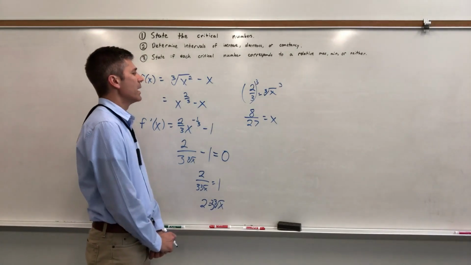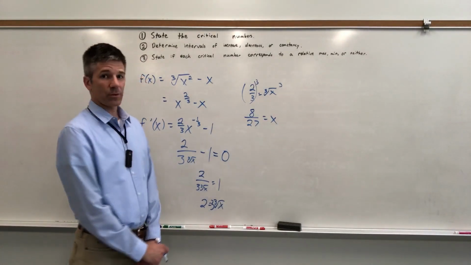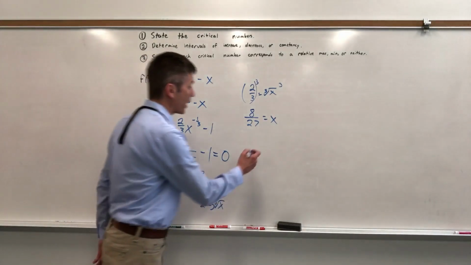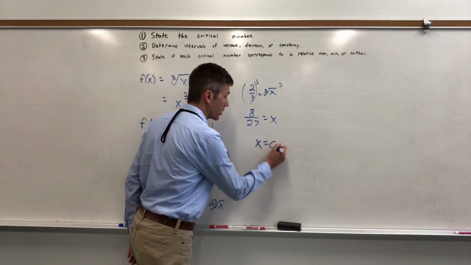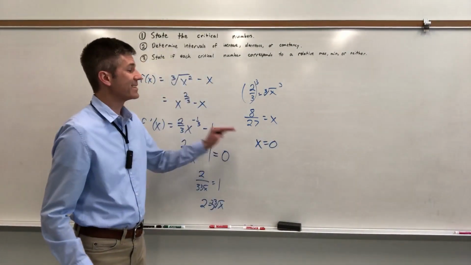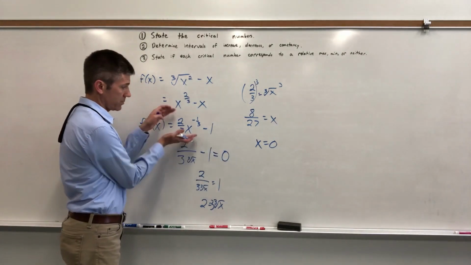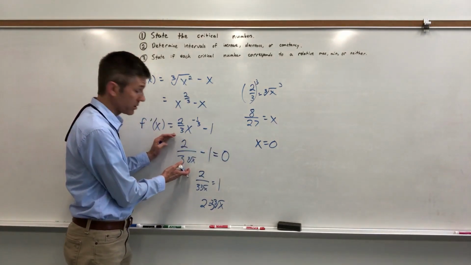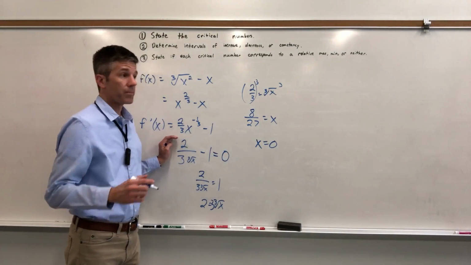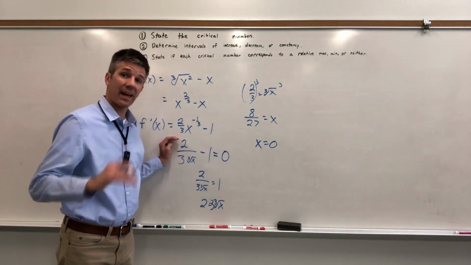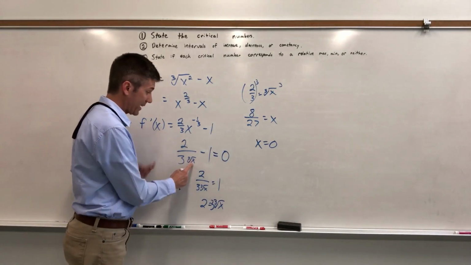All right, here we go. X equals 8 over 27. That is a critical number. And also x equals 0 is a critical number. That did not come from solving it. It came from looking at the derivative, this or this. This is a little more practical to look at. And saying, all right, is there anything x can't be? I can't divide by 0.